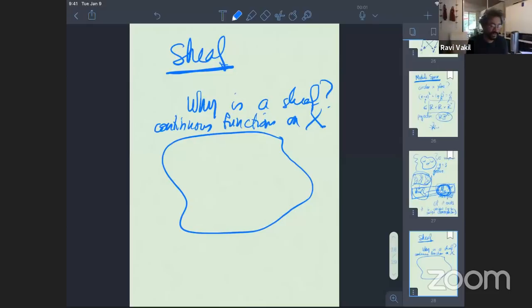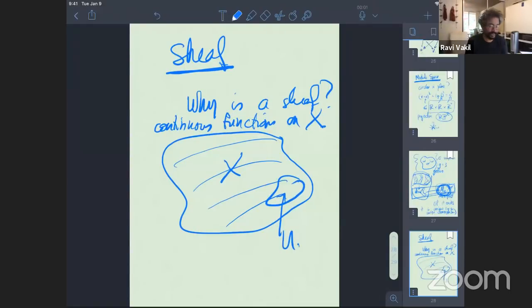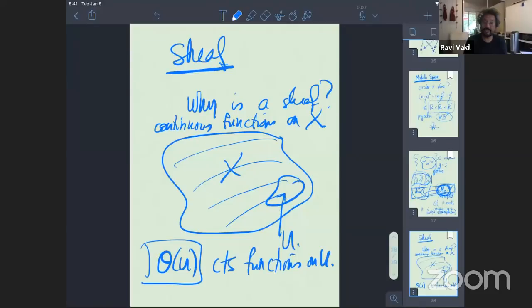I want the information of continuous functions on all of X, but also on any open subset of X. Let me call O of U the continuous functions on U. I'm going to observe a bunch of things which are just obviously true. First, this is a ring. You can take two continuous functions on U, you can add them, multiply them, subtract them. So it's definitely a ring.